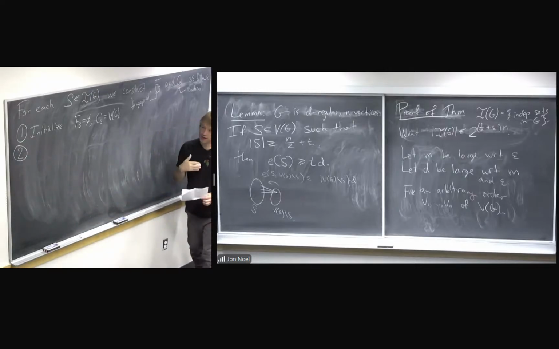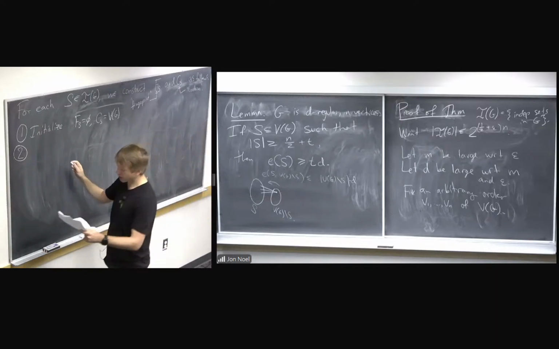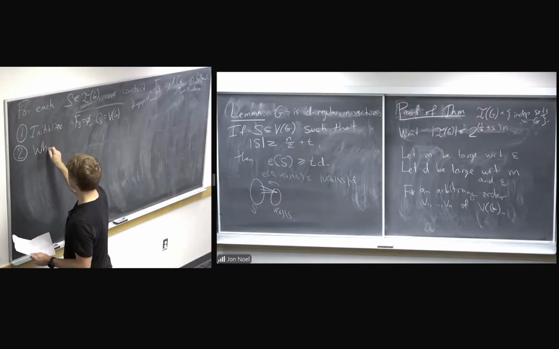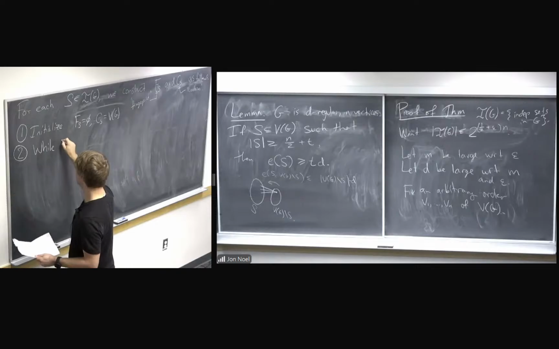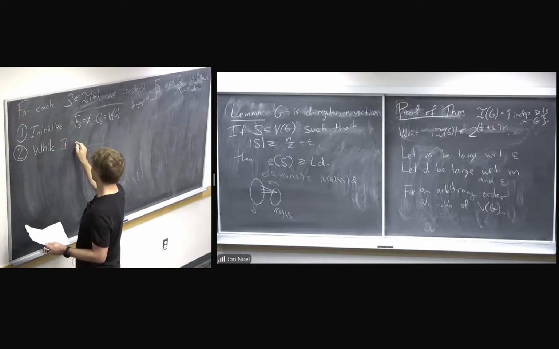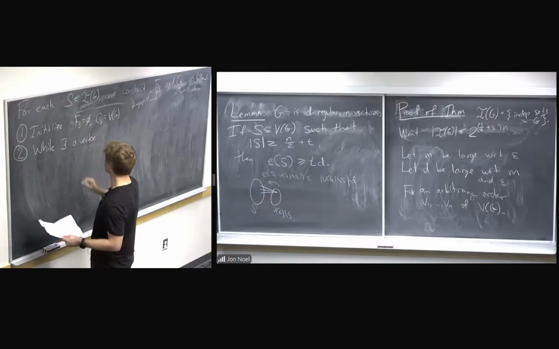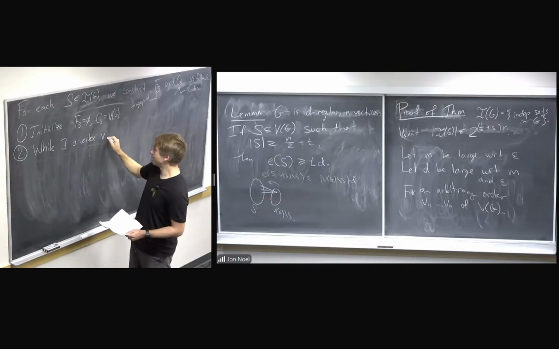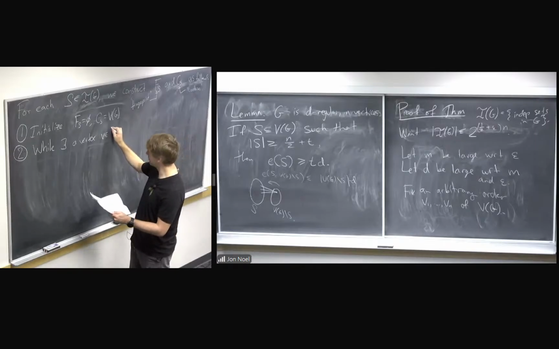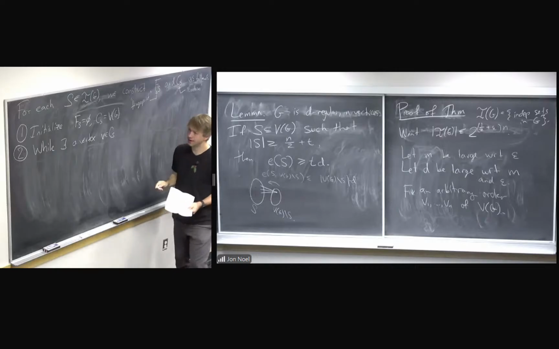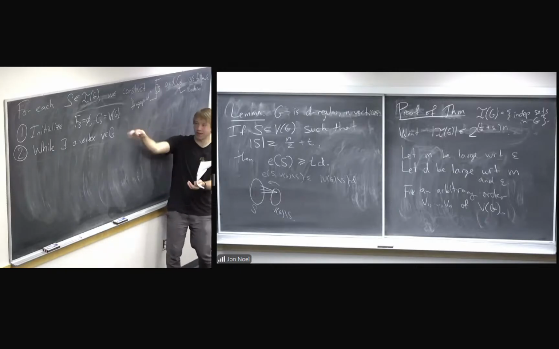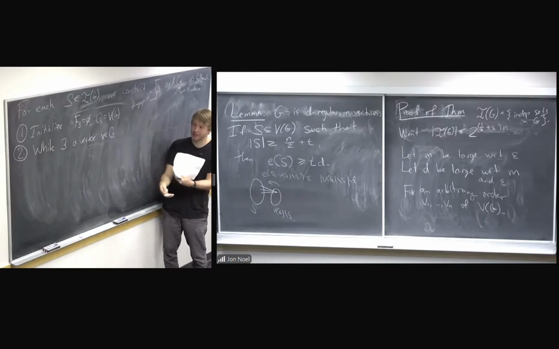Okay, and now we're going to start processing the independent set in some sense. As long as there exists a vertex, let's say v, in the container, so in the current container, we start with the container being everything and we keep processing it, so it's going to change in every step.